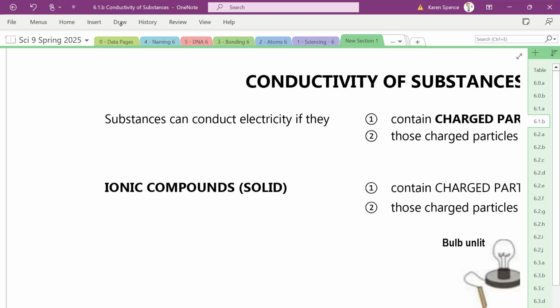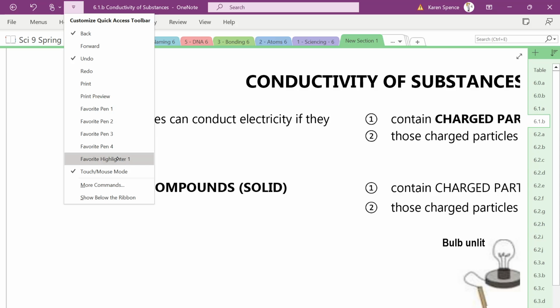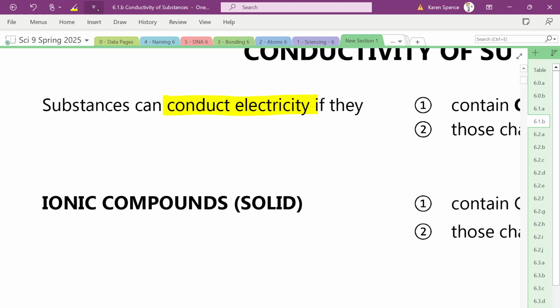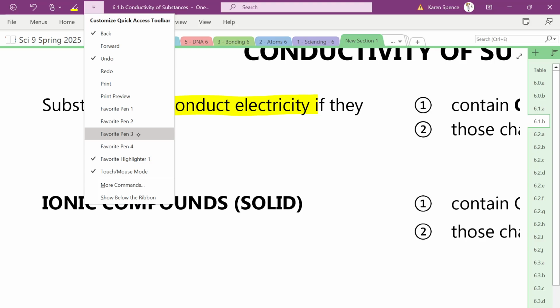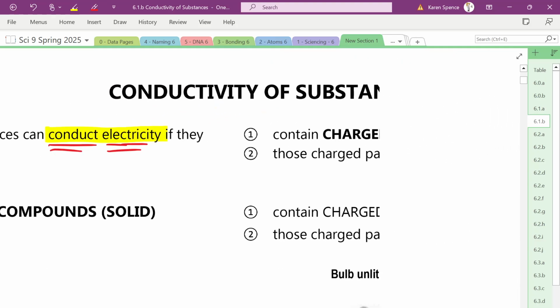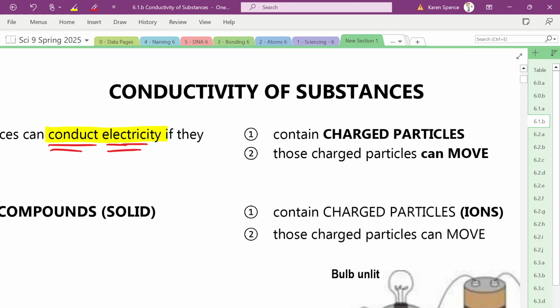So if you want to have a substance that can conduct electricity, you need to have two things. First thing you have to have is charged particles.